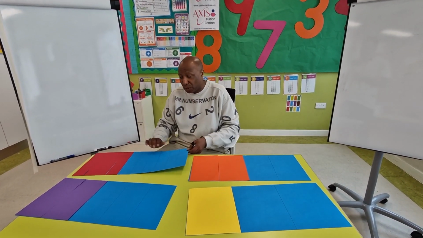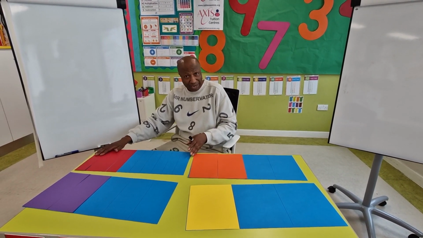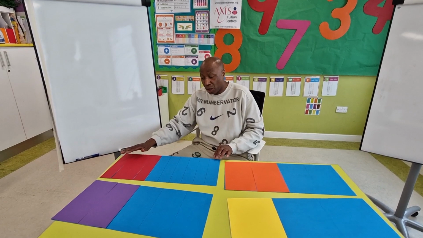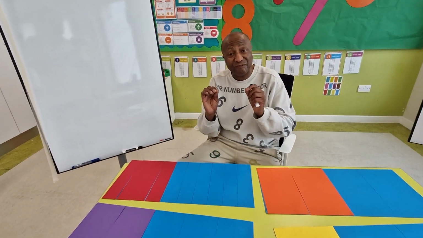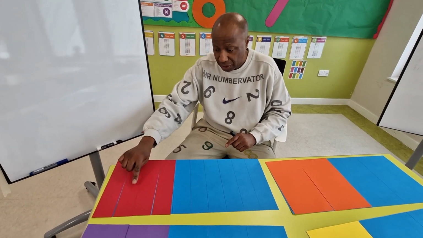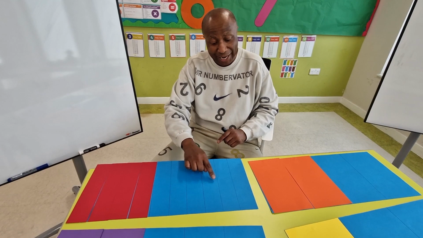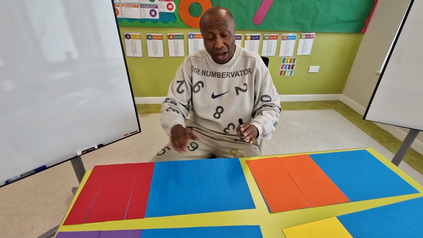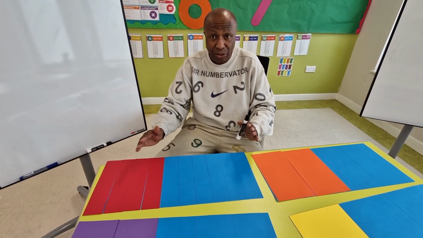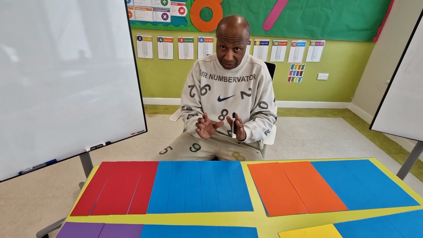Now, let's look at this first one here. I've got my rectangle. Now, on my rectangle, I have divided my rectangle into 1, 2, 3, 4, 5, 6, 7, 8, 9, 10. I have divided my rectangle into 10 equal smaller pieces.